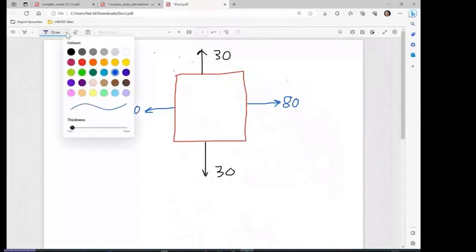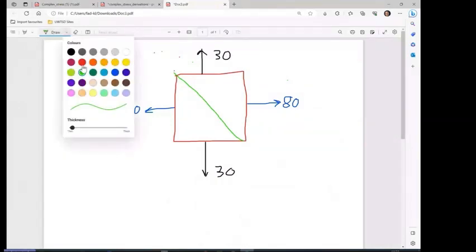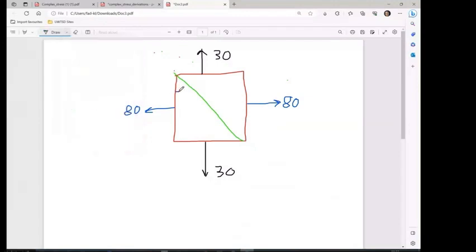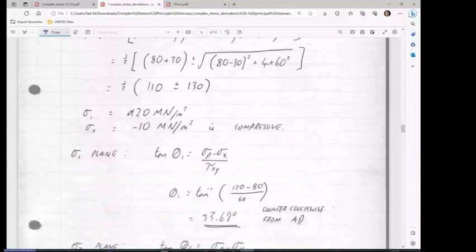We've then said, okay, if we were to draw our principal plane now, let's draw our principal plane down there. We are interested in what is the angle of that principal plane and what are the stresses on it. We've just calculated that when that angle is, we consider sigma 1 first.